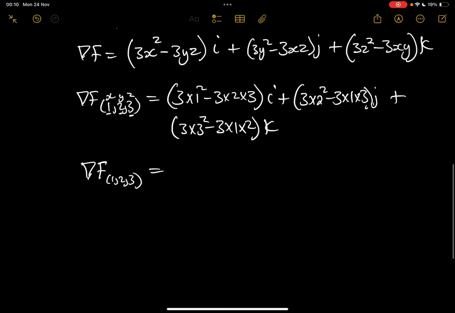So this is basically 3 times 3 is 9, and then 9 times 2 is 18. 18 minus 2, this is minus 15i, plus, and then this is going to be 4 times 3 is 12 minus 9.